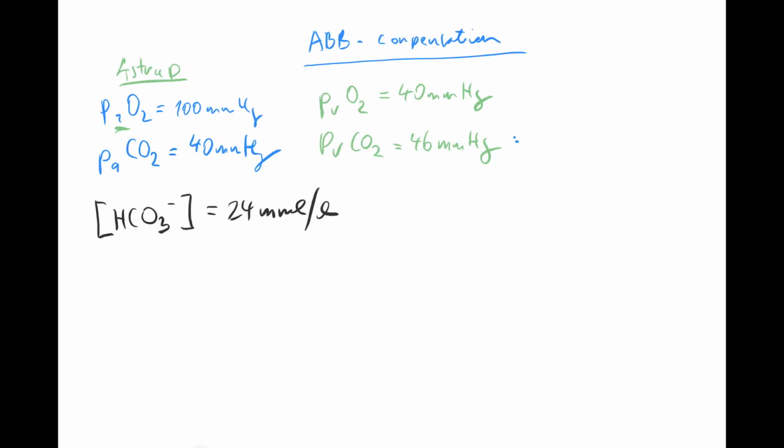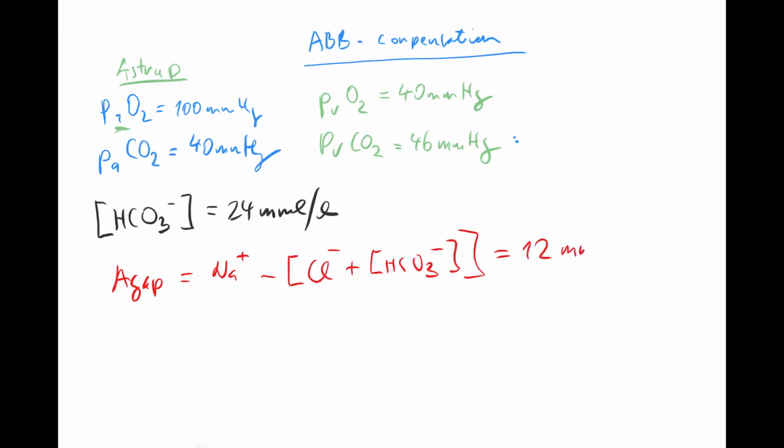Then you should know how to count the A gap. There are different ways, but we use the simplest formula, and for the simplest formula the result is 12. But always before you start counting this, you have to check albumin. Albumin has to be normal.